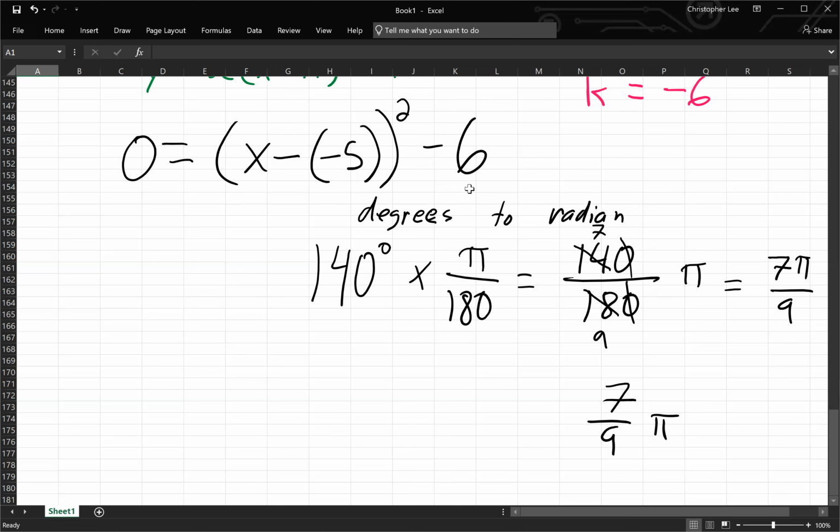All right, so change that into a fraction, like an improper fraction. Whatever answer you get, just put pi next to it.